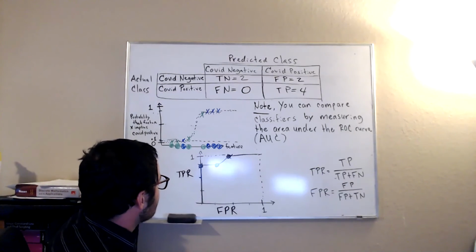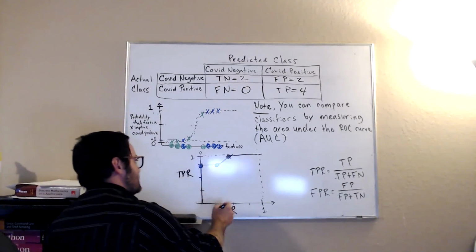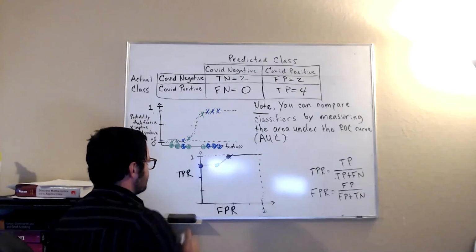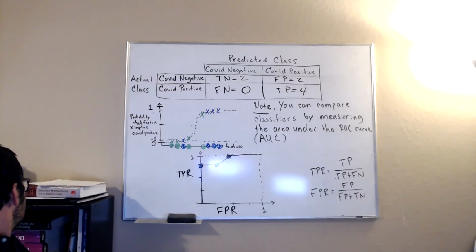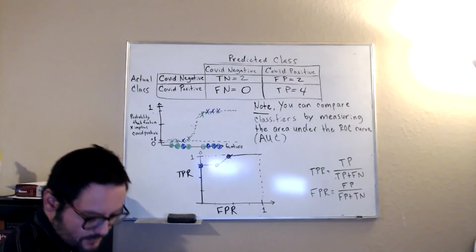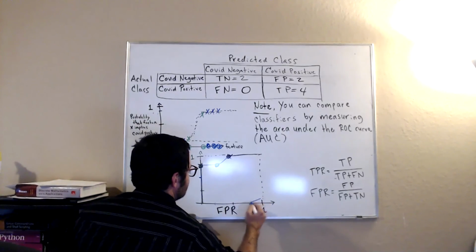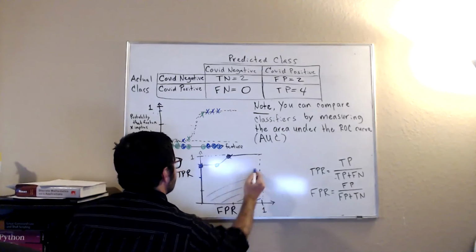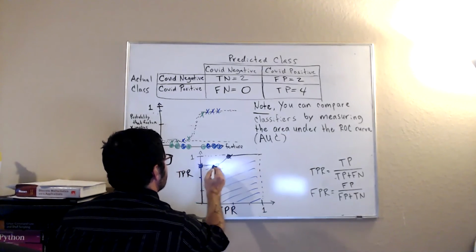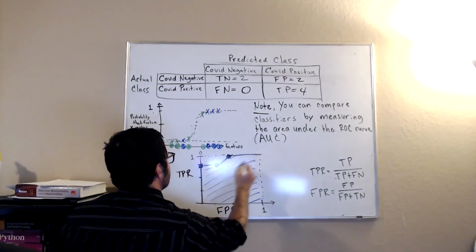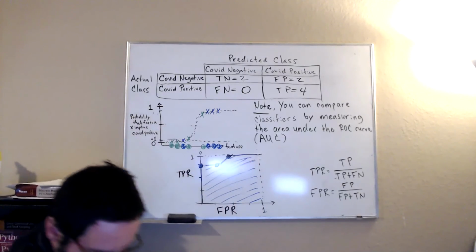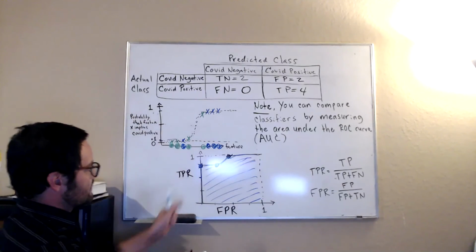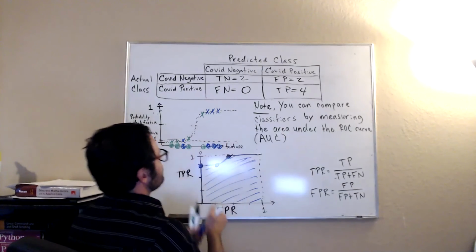Okay. But suppose I'll call this blue area, right here, for this curve, and suppose that this was for logistic regression for this problem.